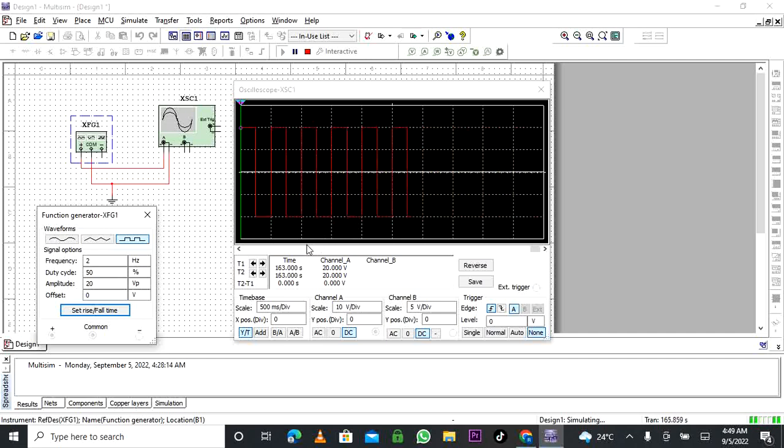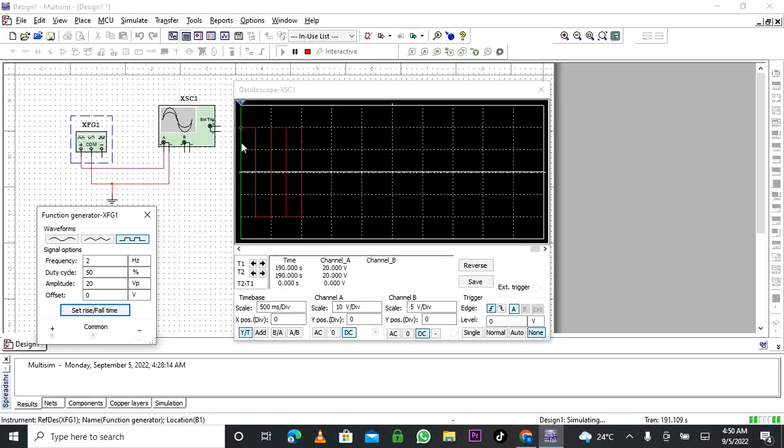So this lab here, lab 1, calls for a 0 to 5 volt pulse at a 500 ohm resistor.